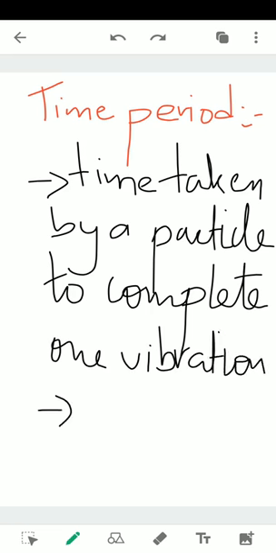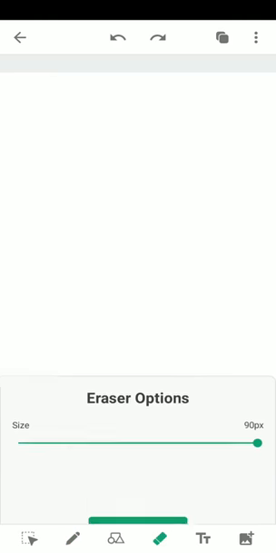It is denoted by capital letter T and its SI unit is second. So what have we learned about time period? Time period is nothing but the time taken by a particle to complete one vibration. It is denoted by capital T and its SI unit is seconds. So that is the second term.